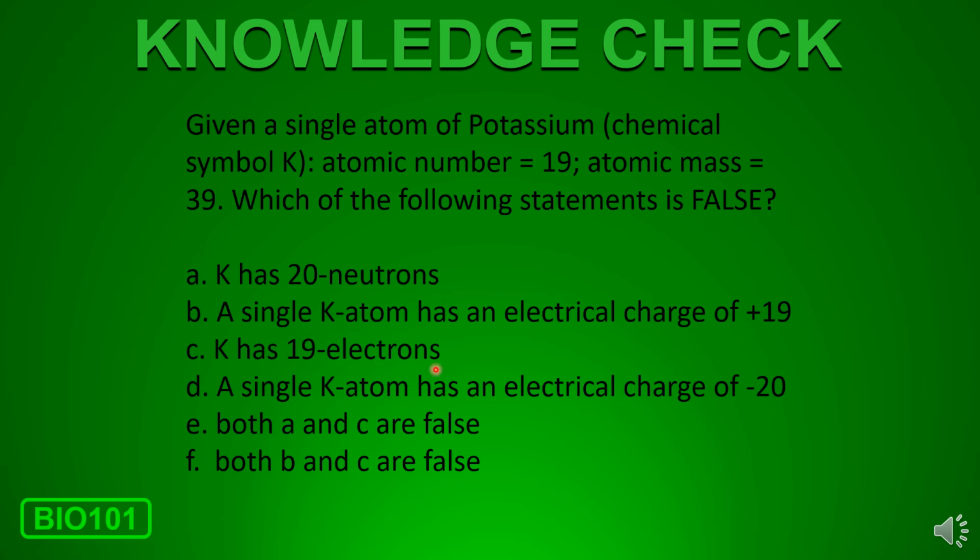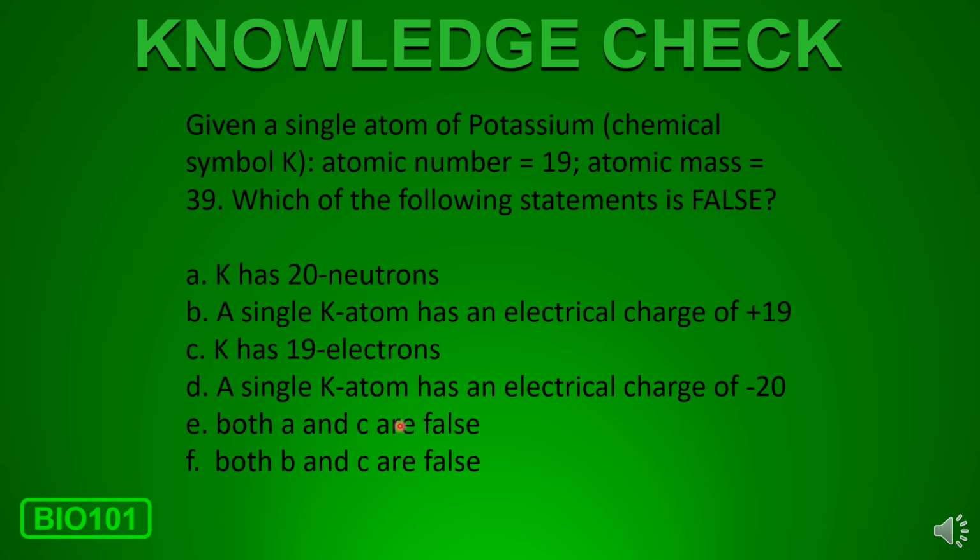So C is clearly true. D says a single potassium atom has an electrical charge of minus 20. Now here we're talking about, again, implied the neutral situation for potassium. So D is clearly false.